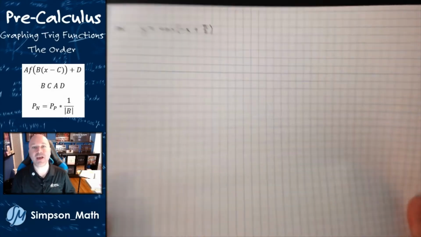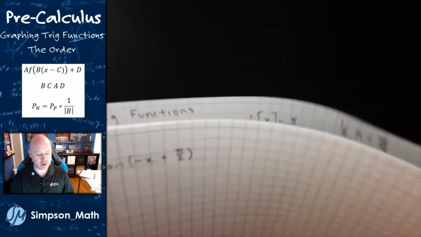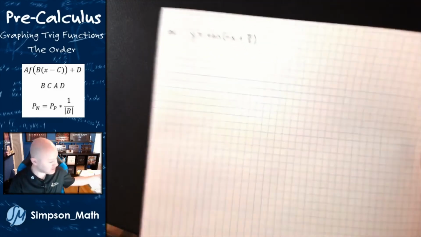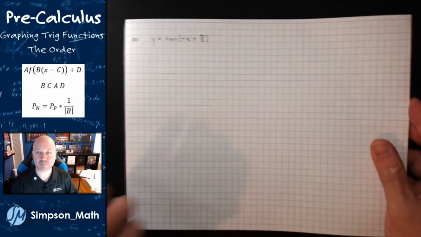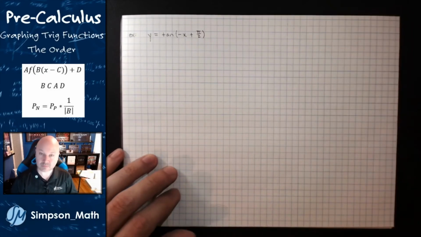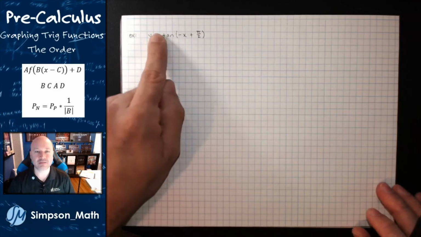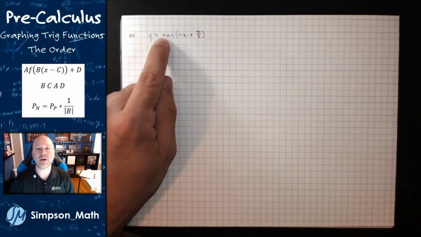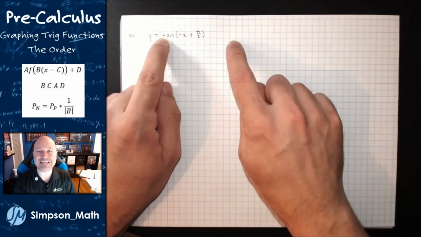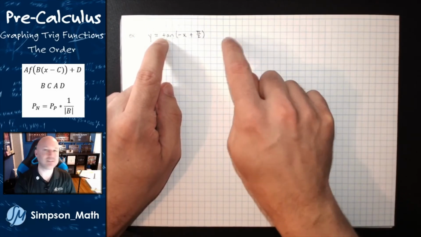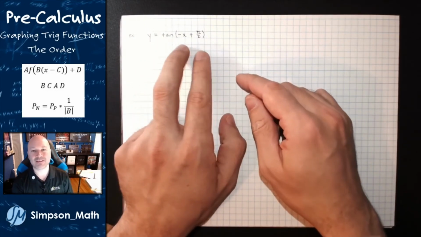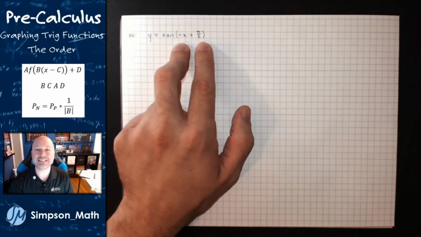All right, next example, I have a tangent wave where we have a -x plus pi halves. What's my a? Well, it's 1, therefore I don't care about it. What's my d? It is a +0, I don't care about it. What I have is some sort of b and some sort of c.